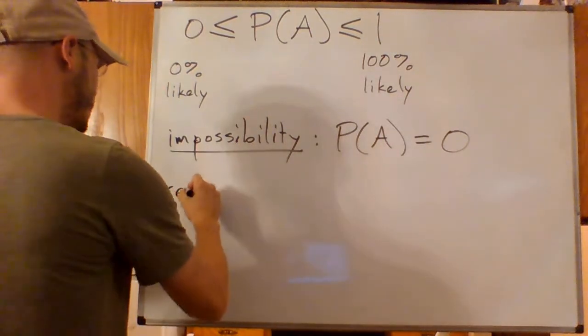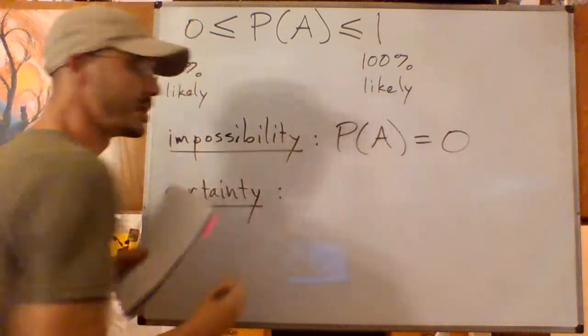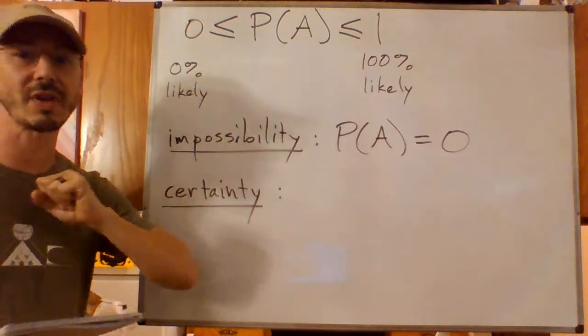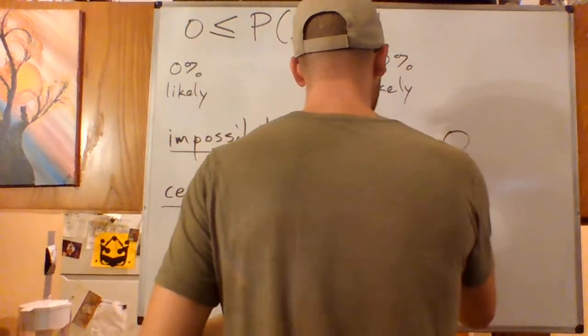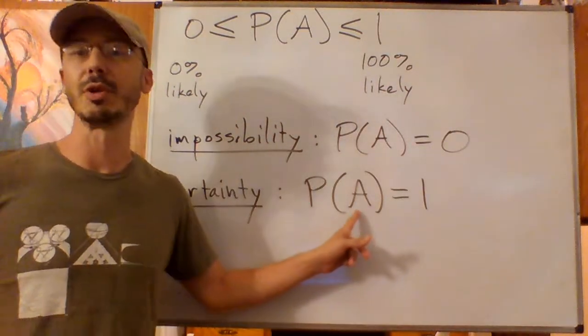On the other hand, a certainty is something that's guaranteed to happen, 100% chance of happening. That's when P of A is equal to 1. That means that event A is going to happen no matter what.